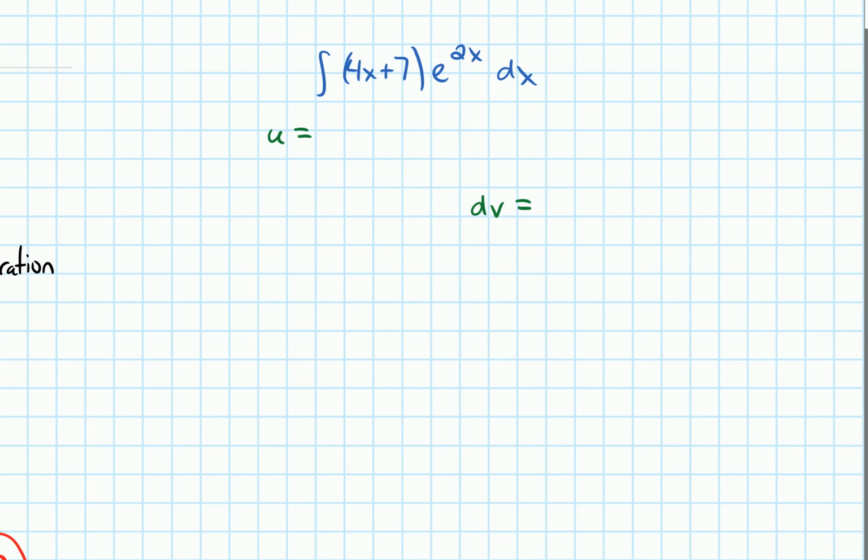So I'm going to let u be the 4x plus 7, which means dv has to be everything else. It's got to be the e to the 2x with the dx.